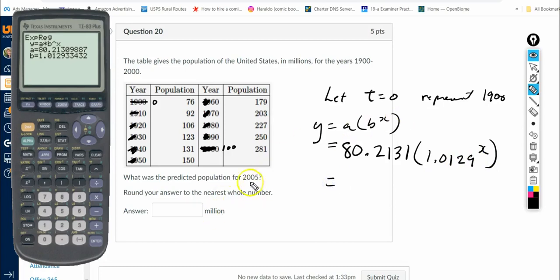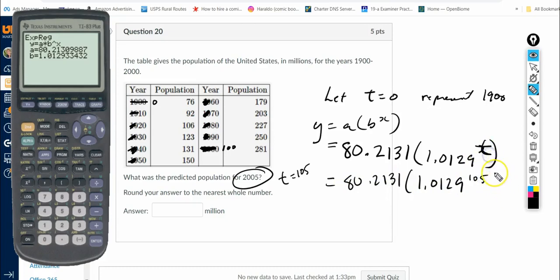And now what is the predicted population for 2005? Well, if the year is 2005 and t is equal to 0, the time started in 1900, then 2005 is 105 years after 1900. So I'm going to plug in a t into that equation.